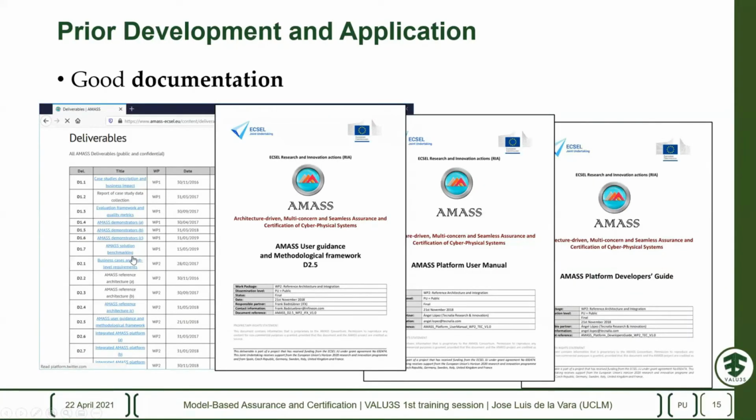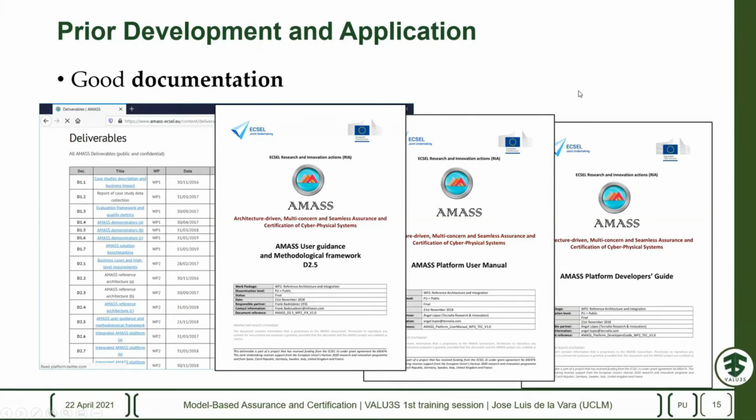I'm going to highlight some further characteristics of the method. One thing that, in my opinion, is very important is that there is quite good documentation about the method. I'm talking of hundreds of pages. Also, most deliverables of AMASS are public, to see how the method was developed.